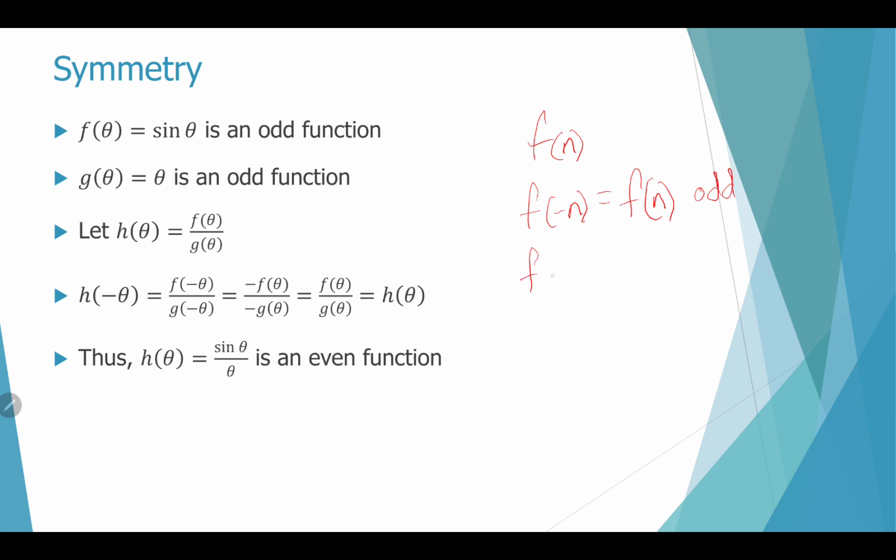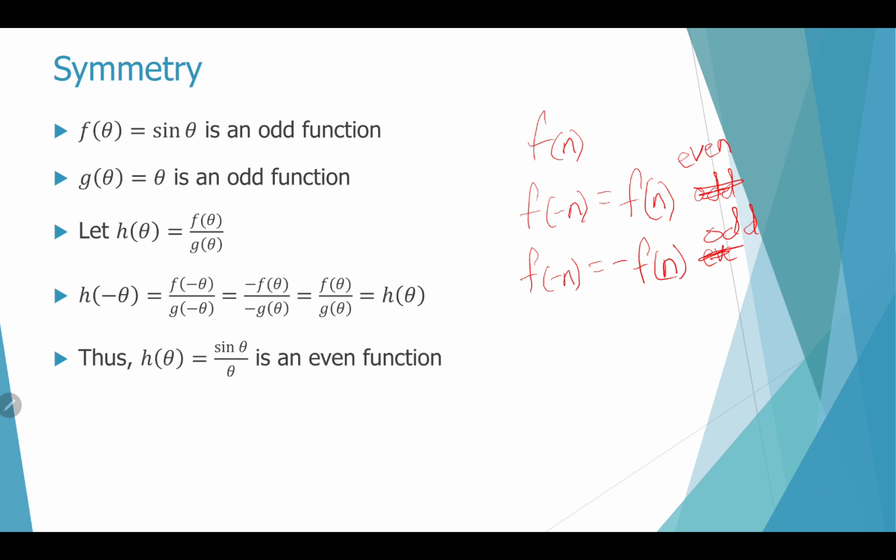If f of negative n is equal to negative f of n, then it's even. Or wait, strike that, reverse that. If f of negative n equals negative f of n, this is odd. If f of negative n equals f of n, this is even. Negative is going to give me the exact same thing. This is even.